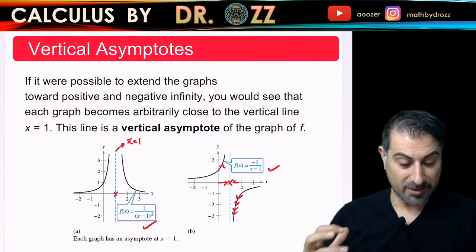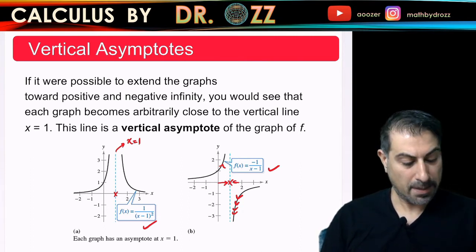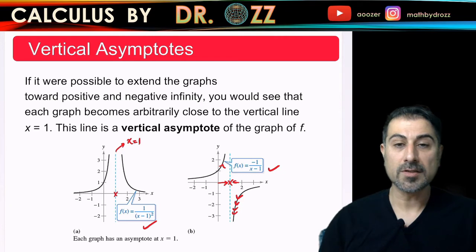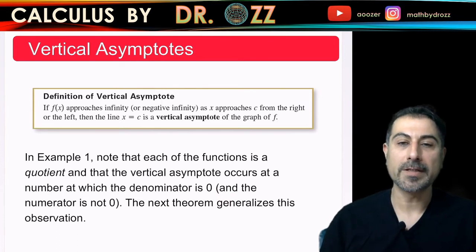All right, so here's the skill that we learned from these two examples. In both cases, x equals 1 makes these two functions blow up to minus or plus infinity. So that brings up the definition of vertical asymptote.